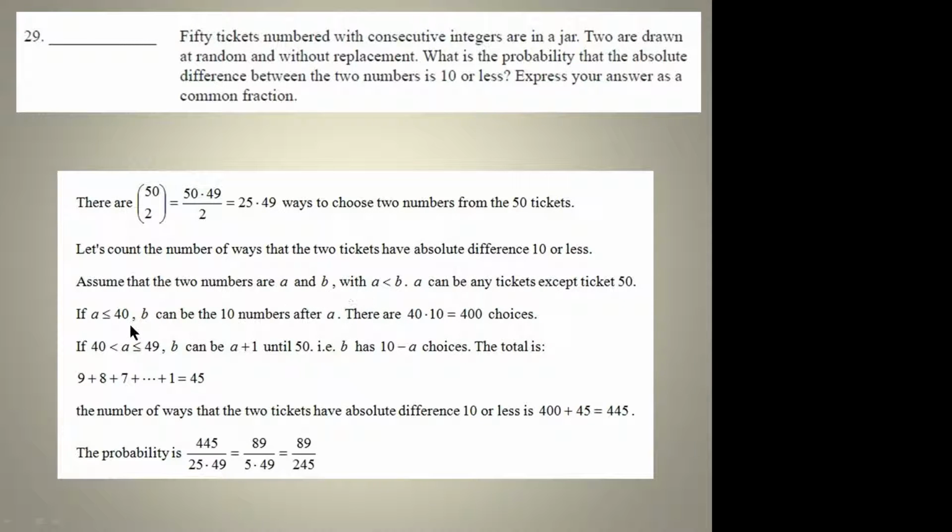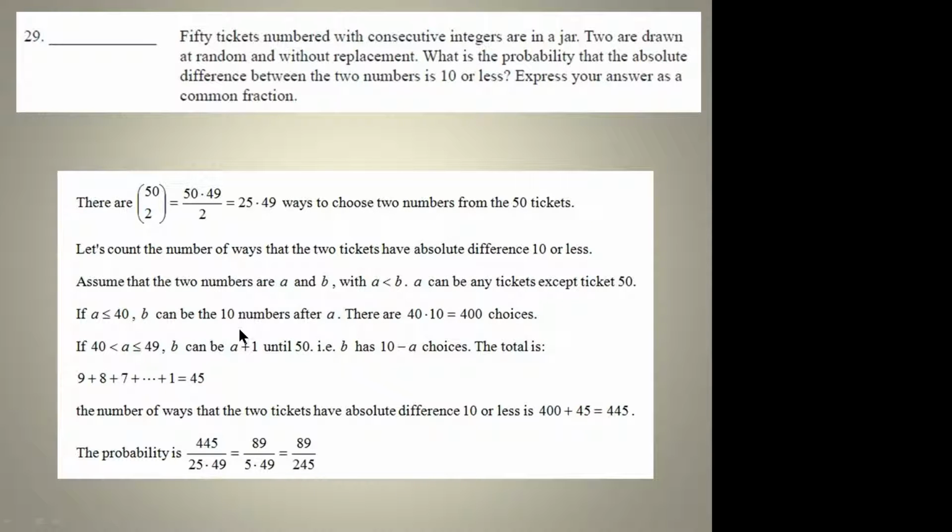Okay, the first case is A is less than or equal to 40. If A is less than or equal to 40, because B is a bigger one, B can be the 10 numbers after A. Okay, so for example, A is 1, then B is 2, 3 until 11. If A is 40, then B is 41, 42 until 50.